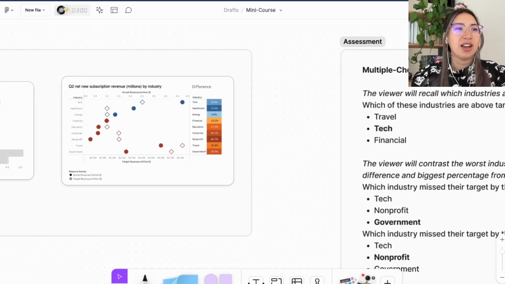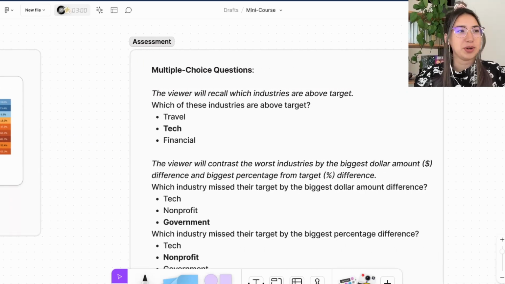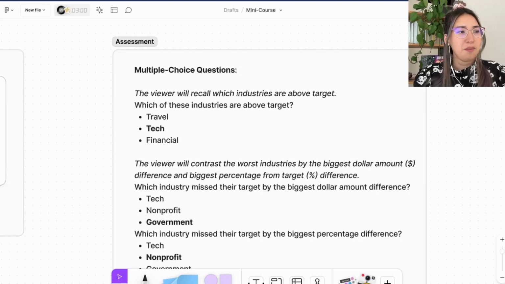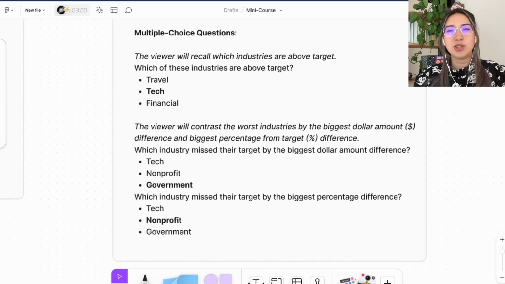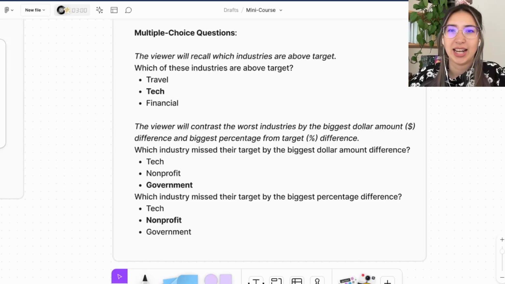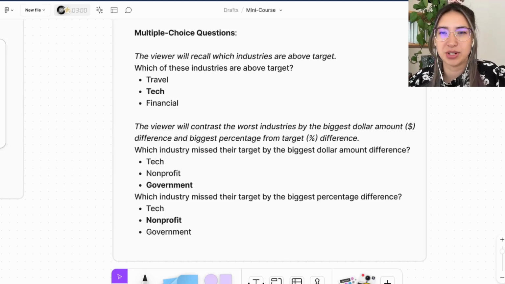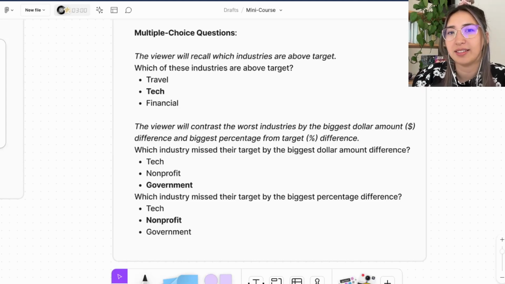So then moving on to creating multiple choice questions. We want to create at least one question for each learning objective. And here the first objective was the viewer will recall which industries are above target. So the question that I made up was, which of these industries are above target?